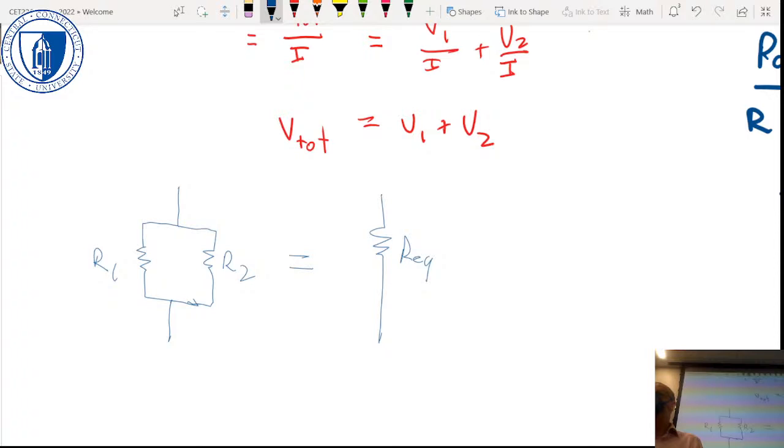The current divider is applying parallel circuits slightly differently. I'm also going to call I2 I out.